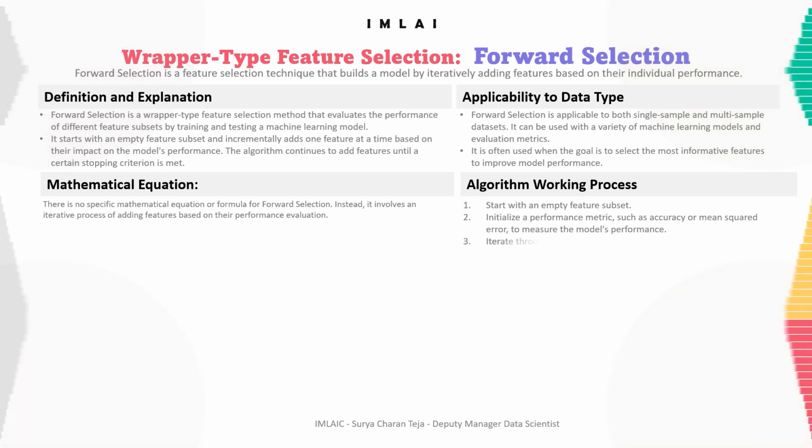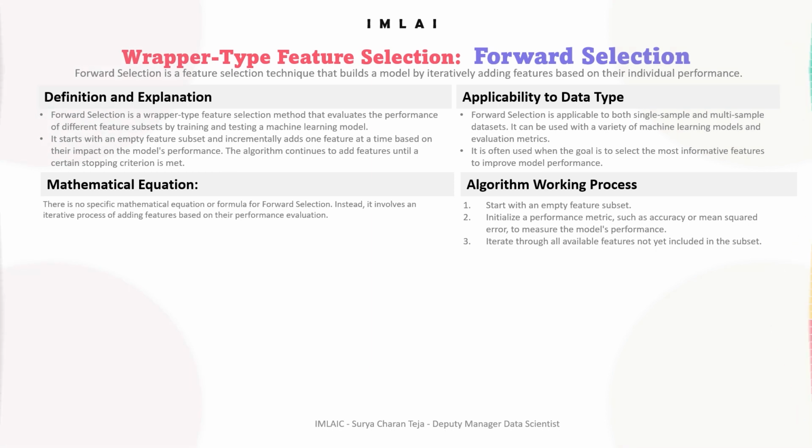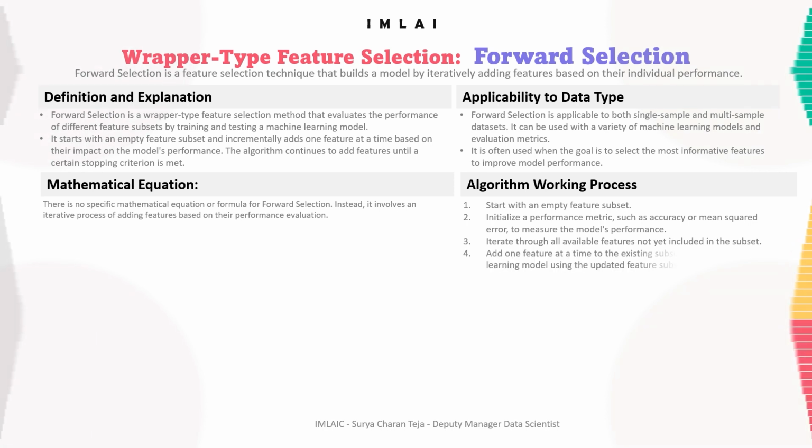Once iterating through all available features is done, we move on to step 4, which is to add one feature at a time to the existing subset and train a machine learning model using the updated feature subset. Once this training is done, the important step is to evaluate the model's performance using a chosen evaluation metric such as cross validation or holdout validation.